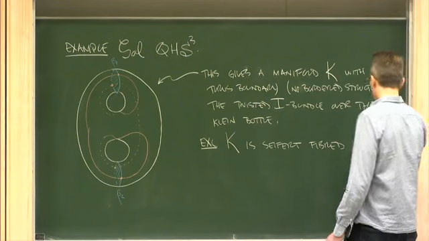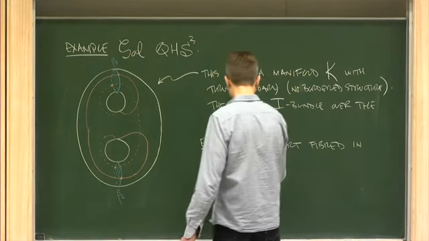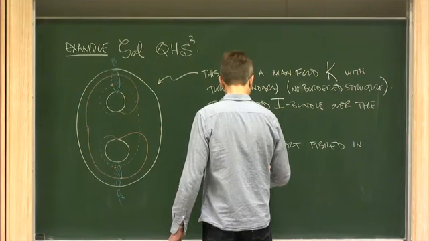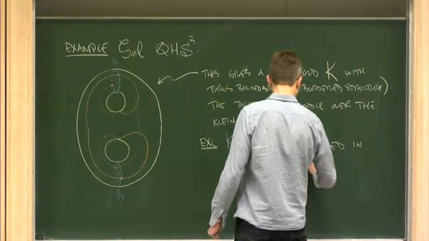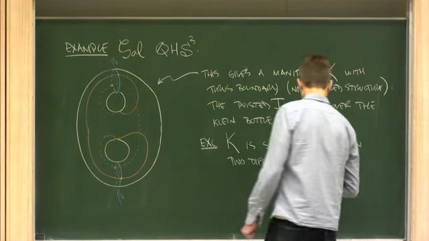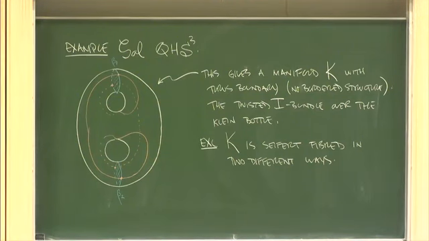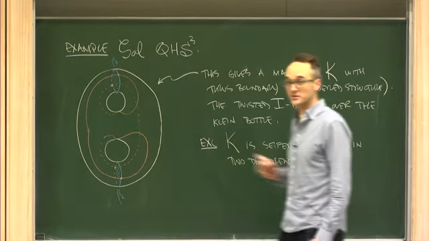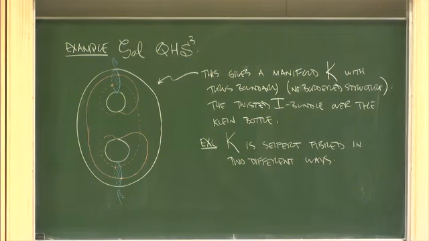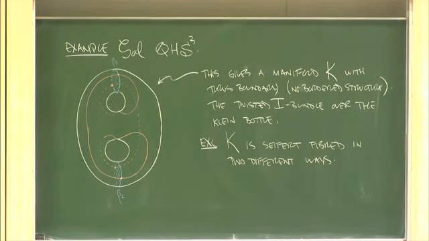And in fact, it's Seifert fibered in two different ways. Okay, so that's something you can do by cut and paste. And the hint is that you should start with this description of this manifold, and then along the way, convince yourself it actually has the structure of a twisted I bundle over a Klein bottle.